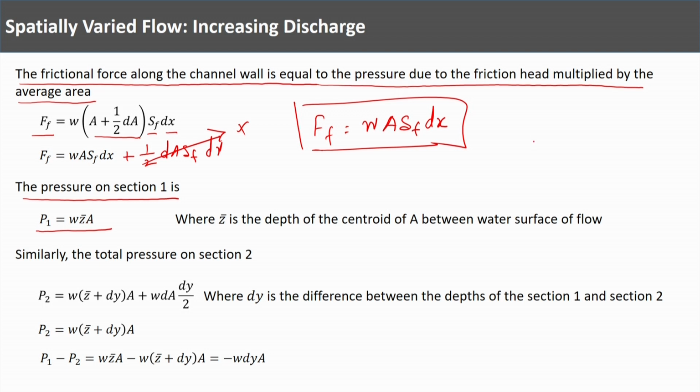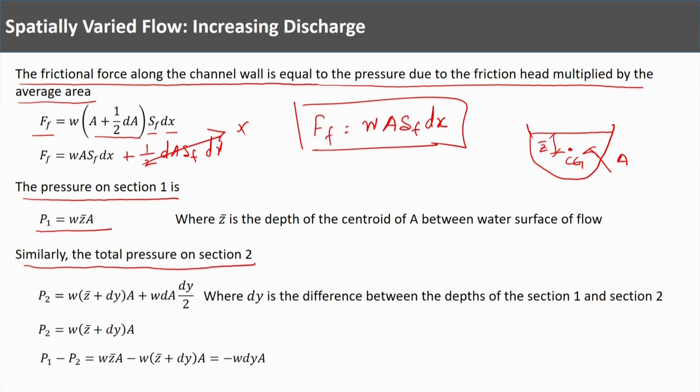As I have said earlier, this is the surface and this is your Z bar, into the cross sectional area A. This is P1, the pressure at section 1, where Z bar is the depth of the centroid from the water surface. So P1 is equal to W Z bar A.